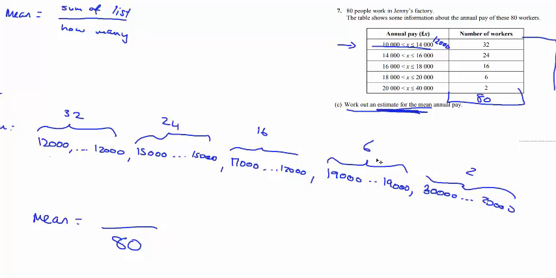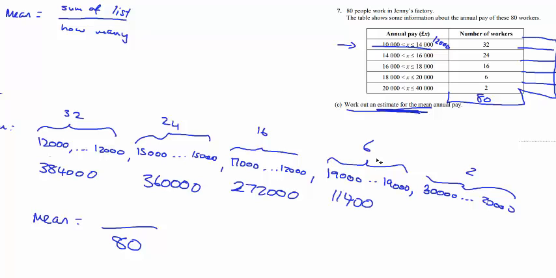And then finally, you multiply 12,000 by that. So you've got 12,000 times 32, which is 384,000. 24 times 15 grand. 16 times 17 grand is 272,000. 6 times... 4,000, that one I know, 60 grand.